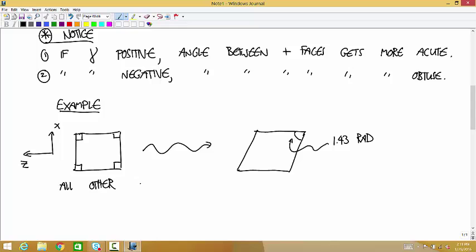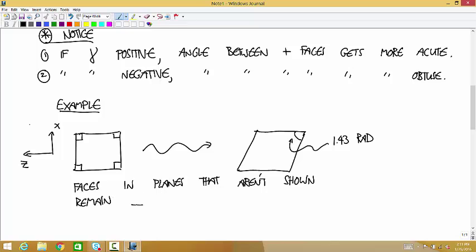All other faces, in the planes that aren't shown here, remain perpendicular. Okay.